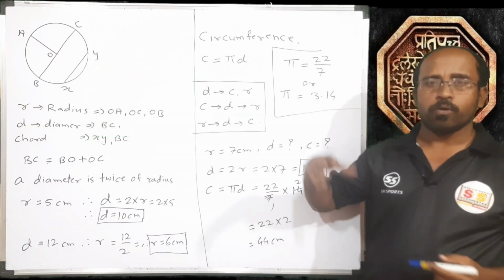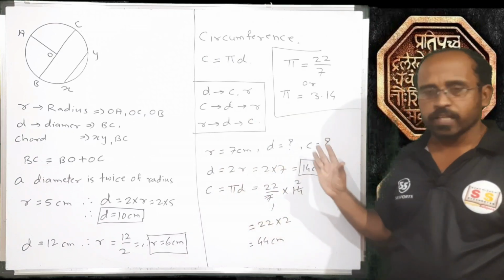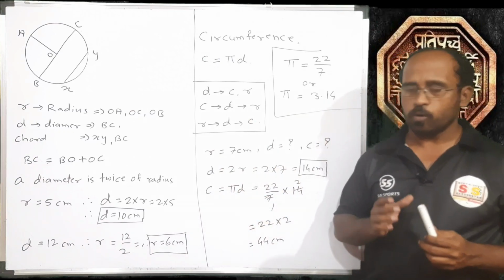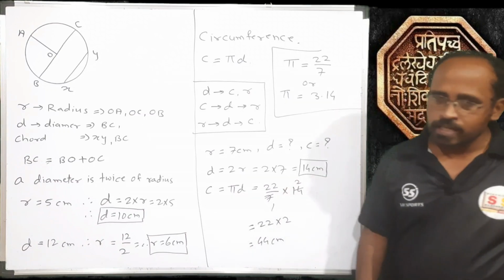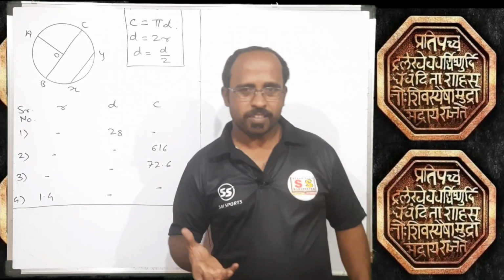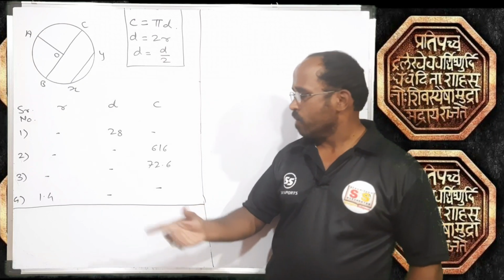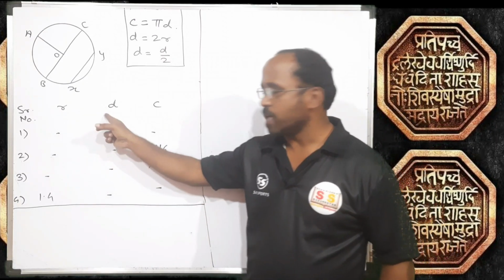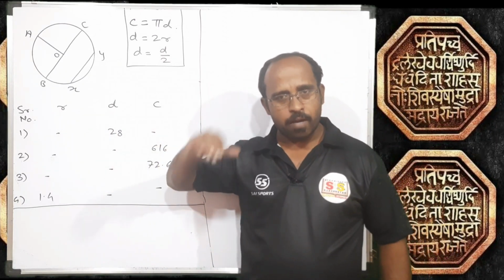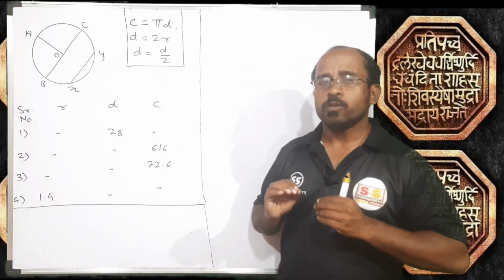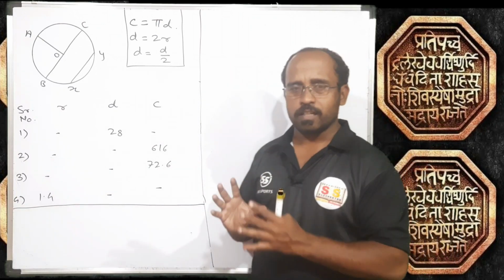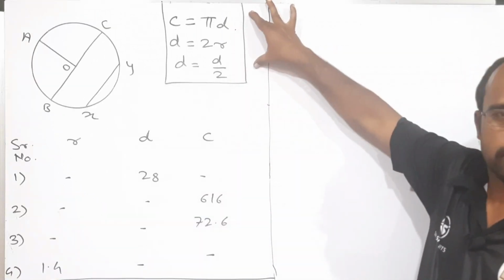So let us see a few more examples where we can find such things. For that I have to rub the board, so please note down or take a screenshot of it. So students, let's complete a table where only one value among radius, diameter and circumference is given, and we have to find out the remaining two values. To perform all these tasks we just have to remember these three things.